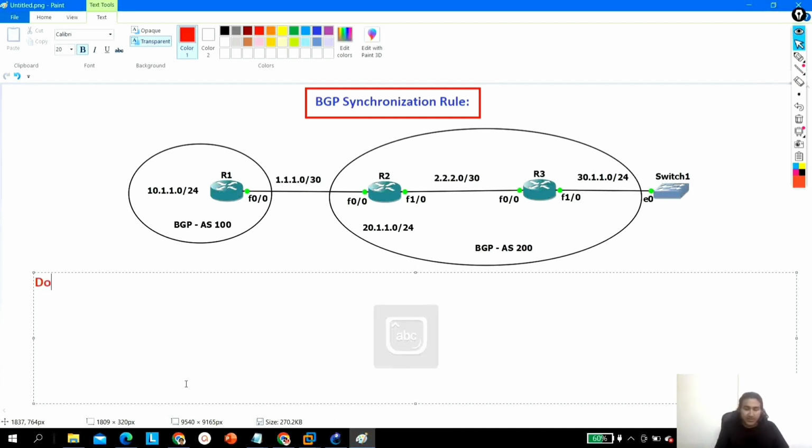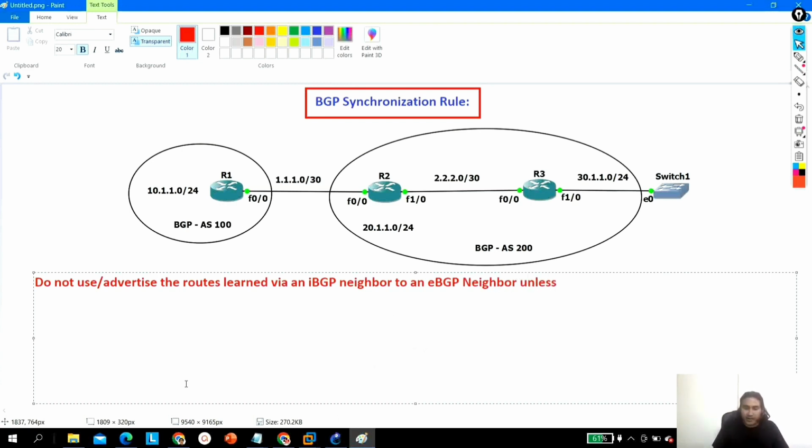It says: do not use and do not advertise the routes learned via an IBGP neighbor to an eBGP neighbor, unless or until the same route is learned via an IGP, meaning Interior Gateway Protocol.